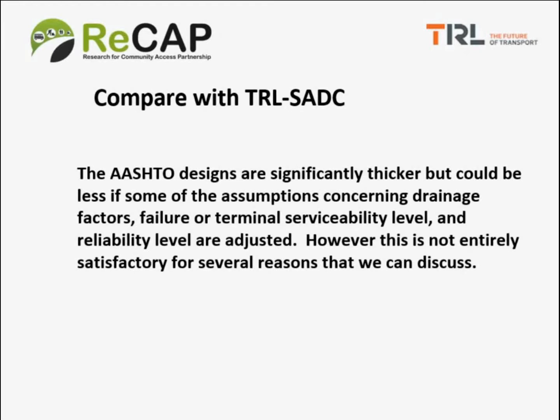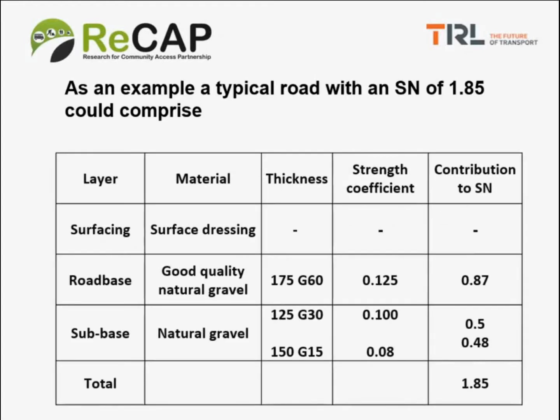But the Ashtone method is very good because of its use of reliability, the fact you can change the terminal serviceability level, and so on. So it's a very versatile method. So how do we get our 1.85 structural number? Well, we've said already that we need a reasonably good quality natural gravel, and we have some material of CBR 60.